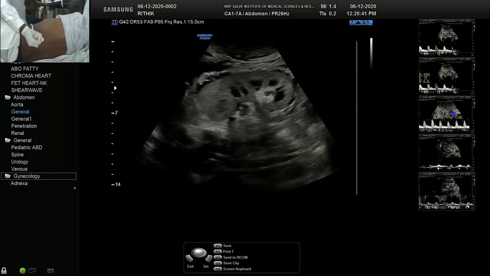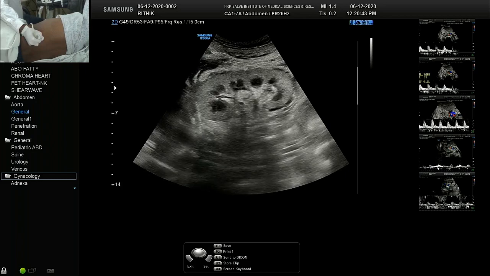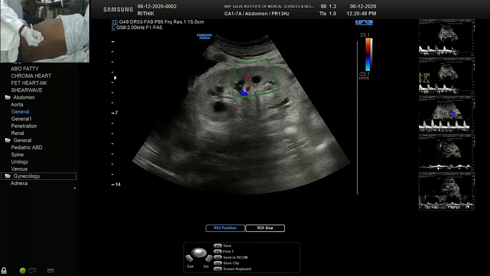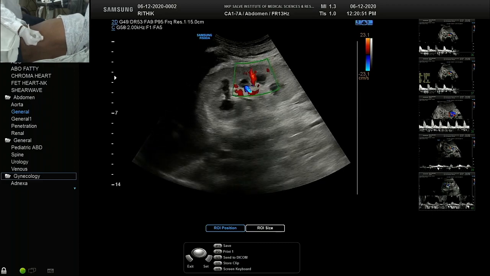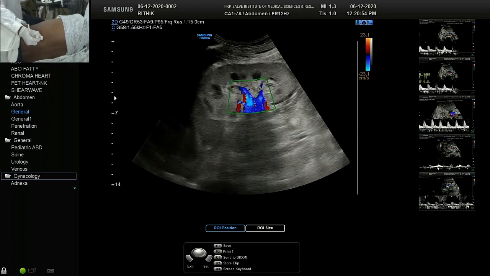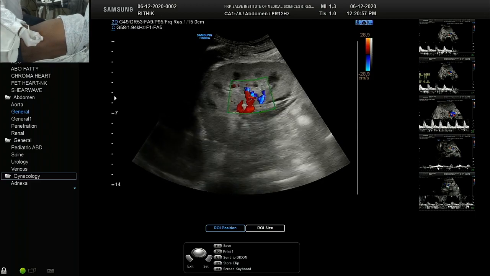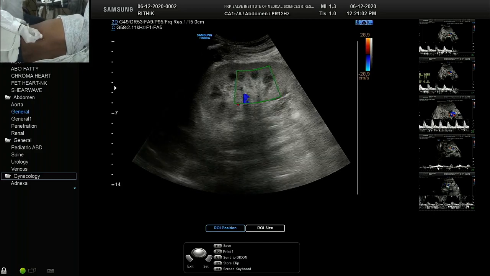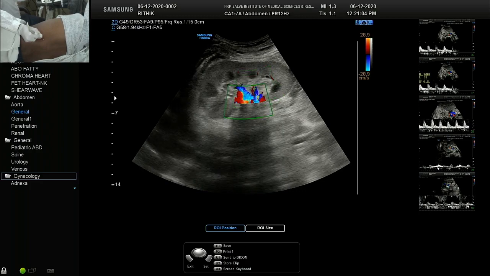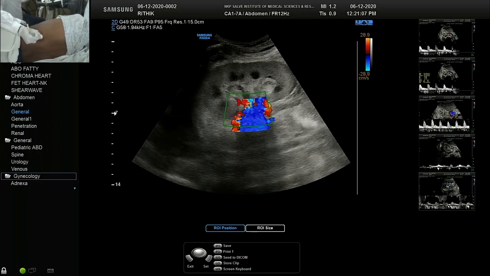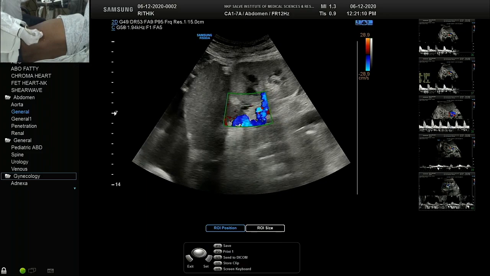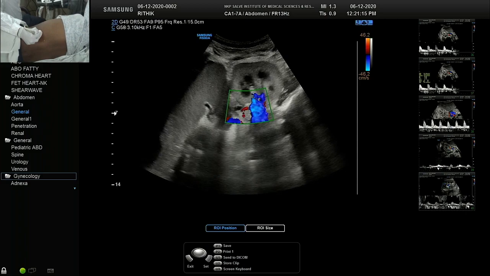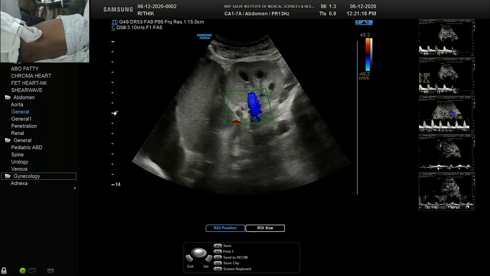This is the other side. See, the color pickups are quite good in all machines, so you can see the vessels nicely. The spectral Doppler makes the difference basically. Try to achieve maximum possible in the given situation. We'll try to see the vessel at the hilum. I'll increase PRF so that only artery is seen better.